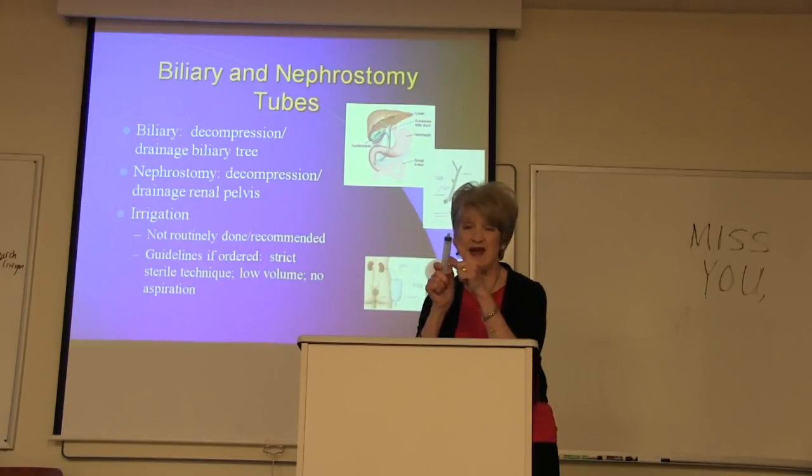If there's any bacterial invasion, then you're sending bacteria directly into the renal pelvis, directly into the biliary tree. So in general, if you have a nephrostomy tube that is draining well, a biliary tube that is draining well, you would not irrigate. Nurses never initiate irrigation without a specific order.